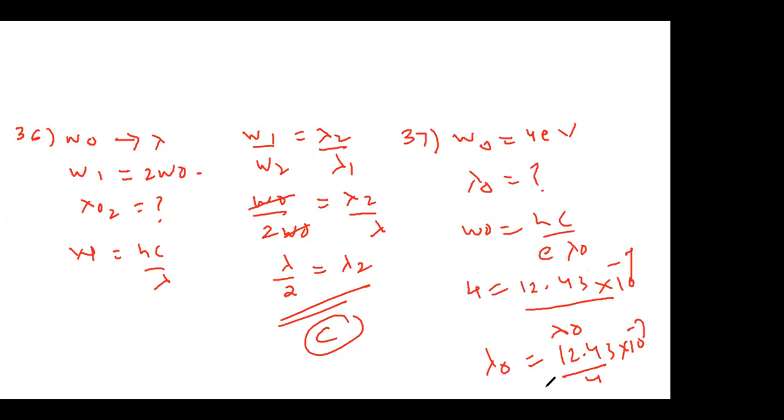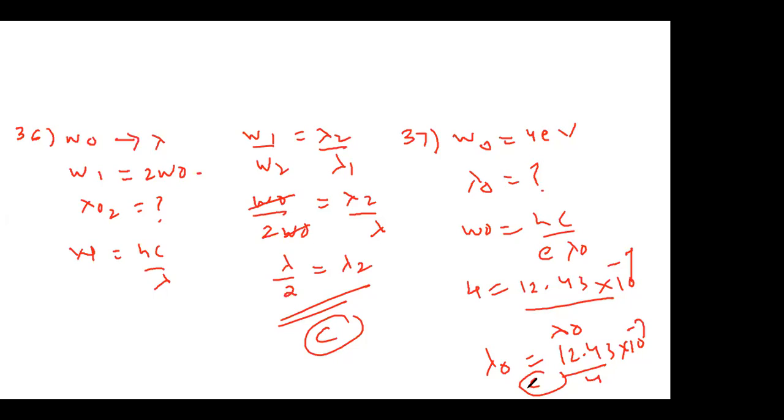That will again be close to 3100. So C option 3100. Completed. 37th also.